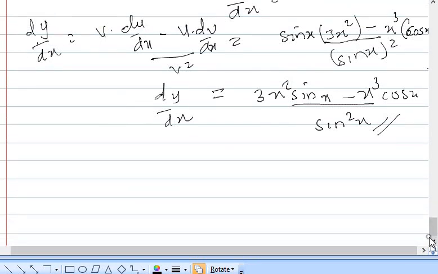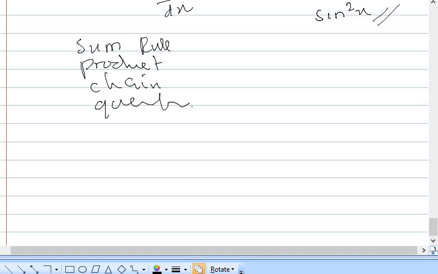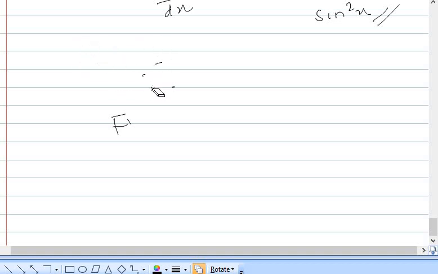I think we have done all of this, so just one thing remains to cover in differentiation.